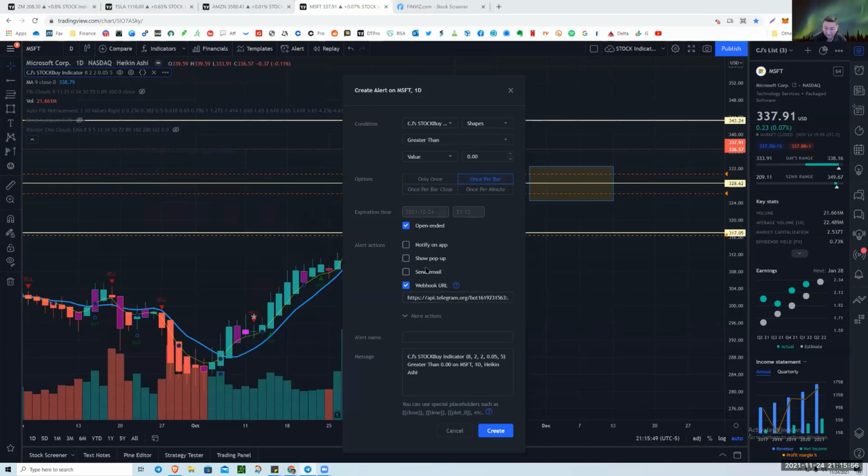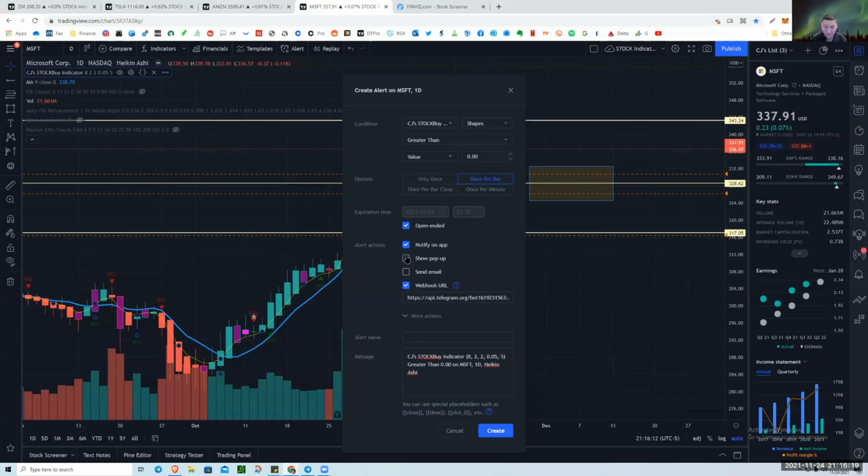So this is what you do, right? And what you do here is you leave it open-ended. Once per bar, open-ended. You can actually be notified on the app. If you download Telegram on your phone, it'll notify you on your app. Do you want a pop up?